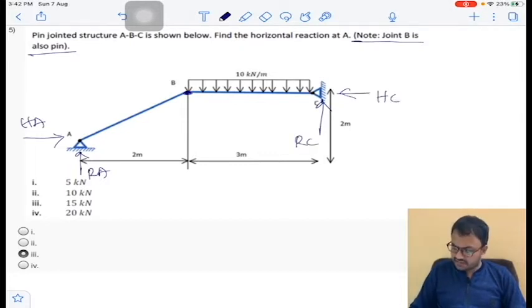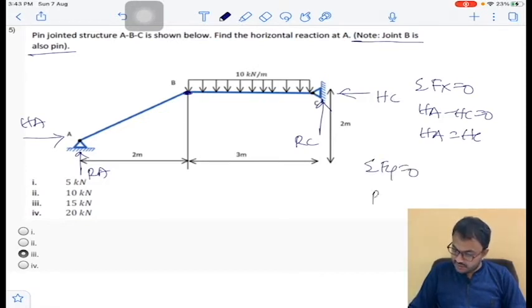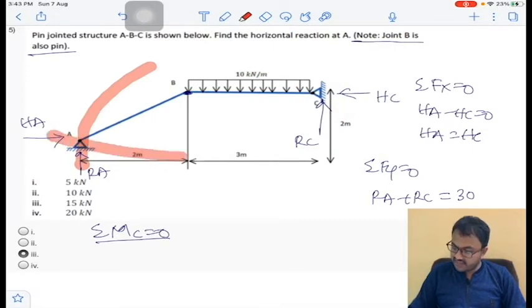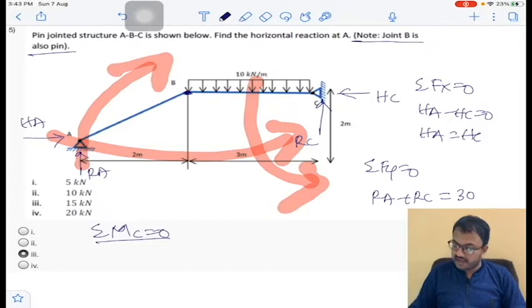So we will take basic equilibrium equations. I am going to take sigma Fx is equal to 0. HA minus HC is equal to 0. From this I can say HA and HC both are equal. And sigma Fy is equal to 0. RA plus RC is equal to 10 into 3, that is 30 kilonewton. I am taking moment about C, sigma MC is equal to 0. RA will create positive and HA will create negative and the 10 kilonewton load will create negative, anticlockwise.